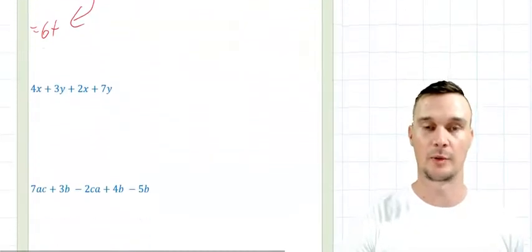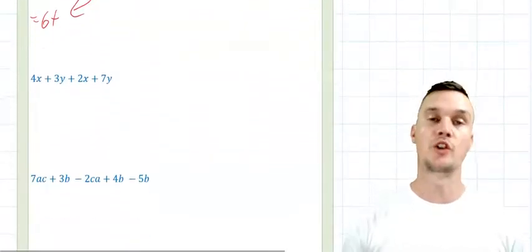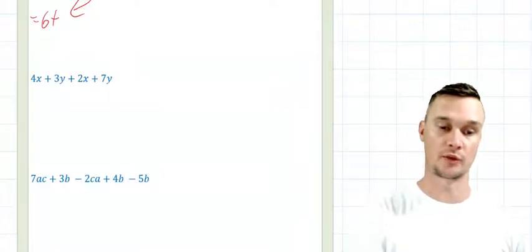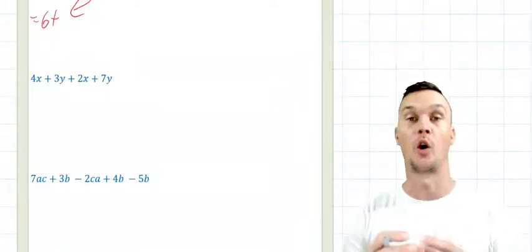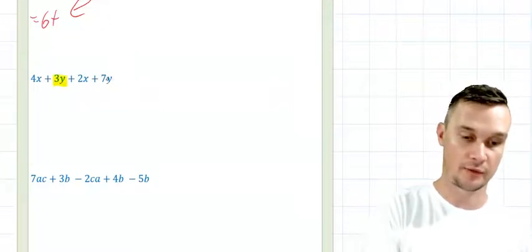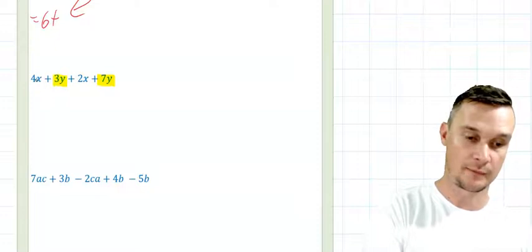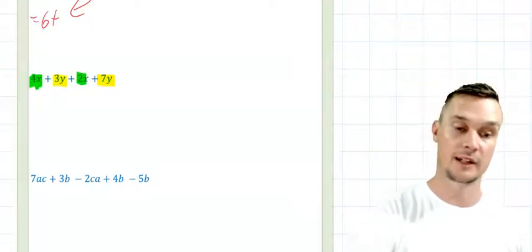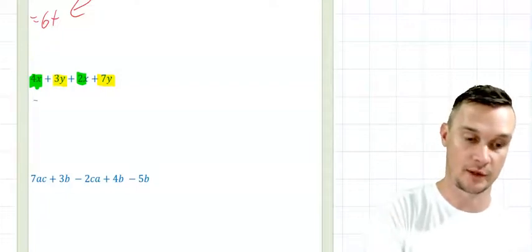Now when we get to a little bit more complex ones, what you want to do is combine the like terms together. As I look through here, I know that I've got a 3y and a 7y. And I've also got a 4x and a 2x. So I want to combine them so I can start to create a simplified expression.